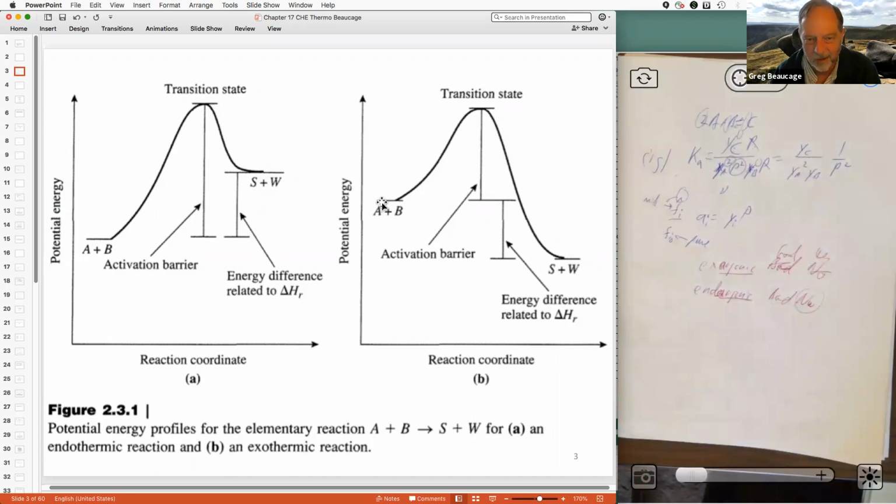So this could be gasoline, for instance. Gasoline is exergonic. There's a huge energy change, but it can sit in your tank without reacting. Why is that? That's because there's a barrier energy. In order to get gasoline to give off a huge amount of energy, you have to put in energy to get over this barrier.